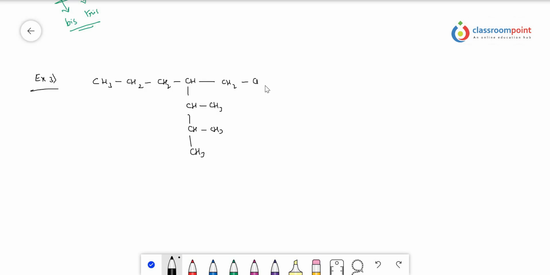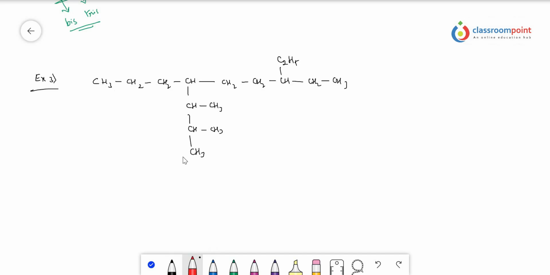This is CH2, CH2, CH, C2H5, CH2 and CH3. So just select the longest continuous carbon chain.